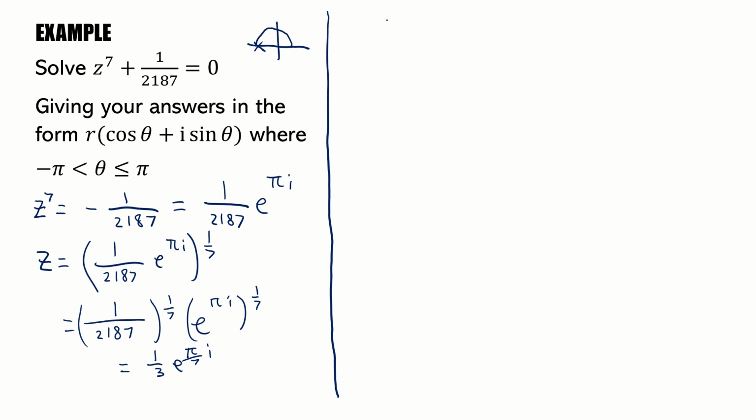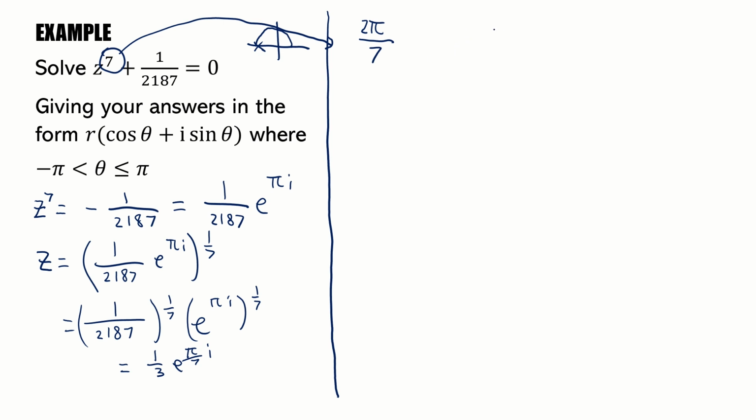There you go. So that is our first root done. How are we going to find the others? Well, all the others are going to be distributed evenly across 2 pi radians. So that means there's going to be a gap of 2 pi divided by n, and for us n is 7. So the gap between each root in terms of arguments is going to be 2 pi over 7.